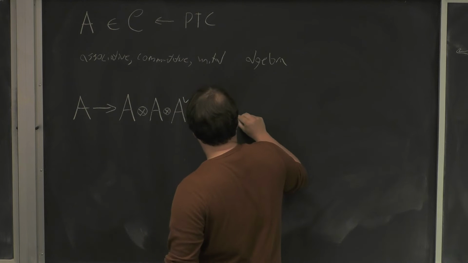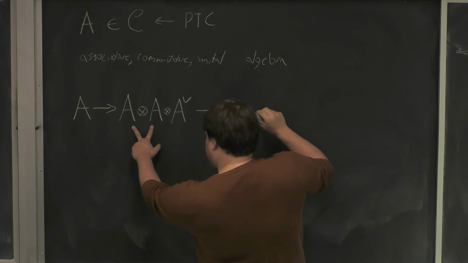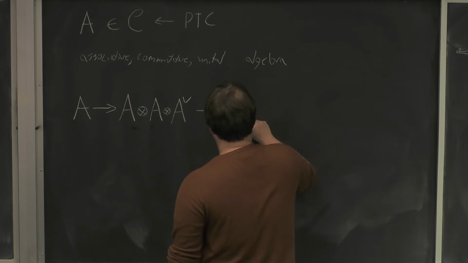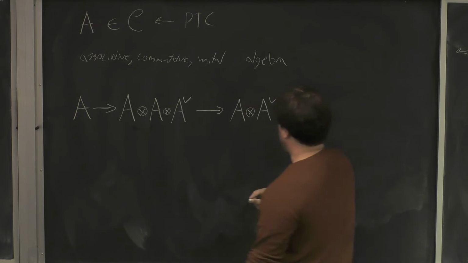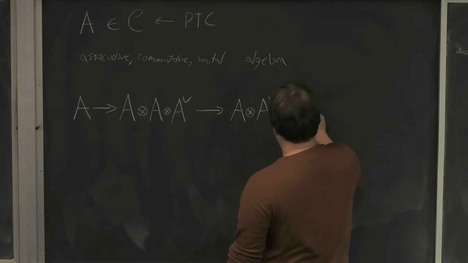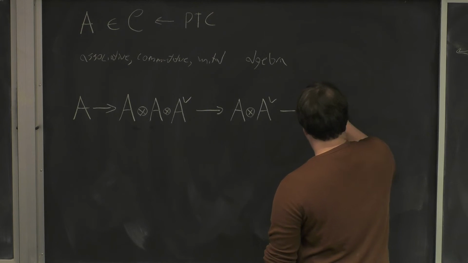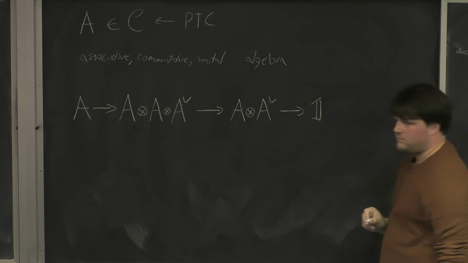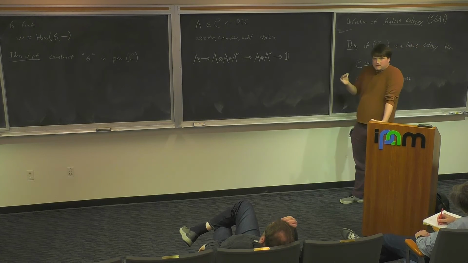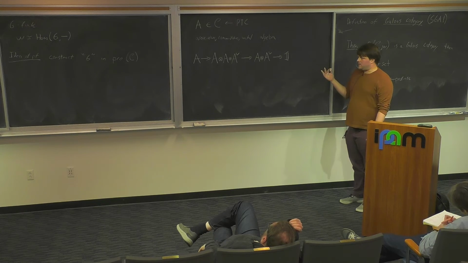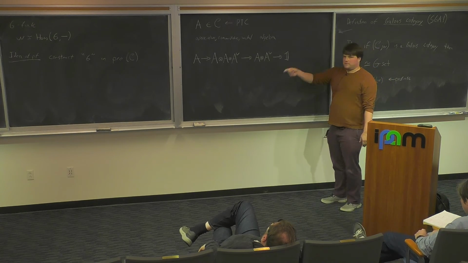Then I can multiply these two factors to get a map of A tensor A dual. And then I can evaluate to 1. So automatically, if you're an algebra object in a pre-Tannakian category, you come equipped with a trace form.